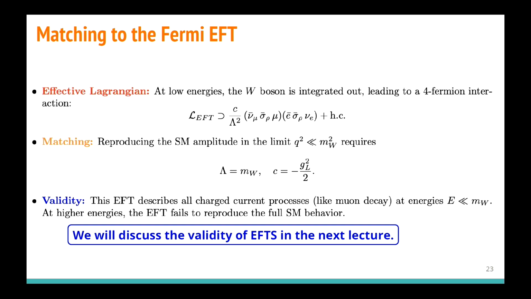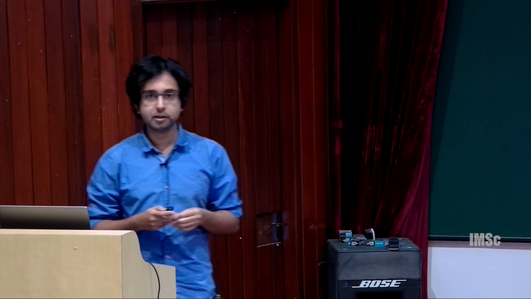So this effective field theory describes all charged current processes like muon decay, for instance, which I have discussed here, at energies much less than the scale of new physics, in this case the mass of the W boson. So at high energies, if we go to q squared much higher, then the EFT would not be valid and we will not have an effective nature to this interaction. So in the next lecture I'll more formally discuss with a few examples the validity of EFTs.